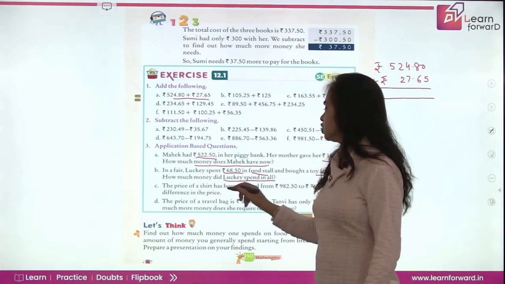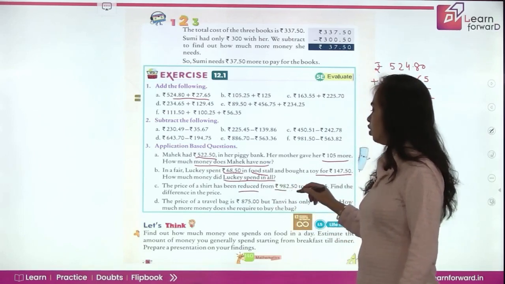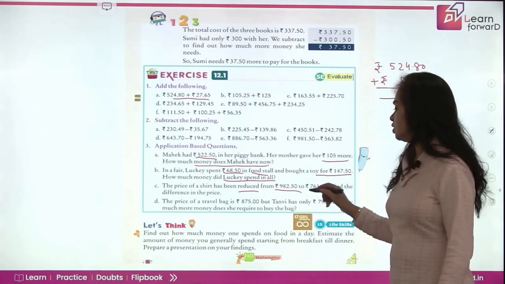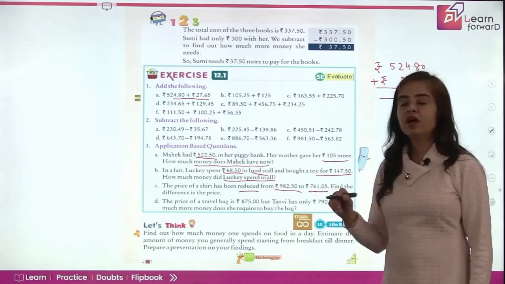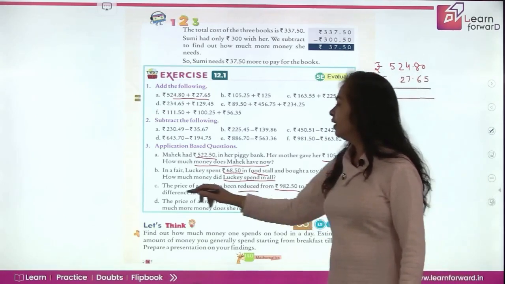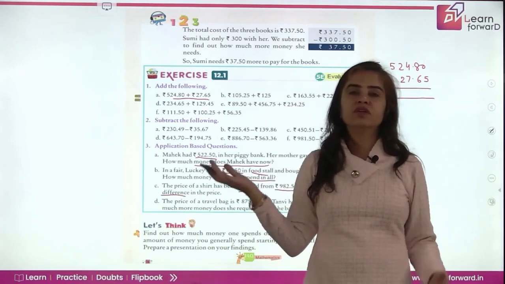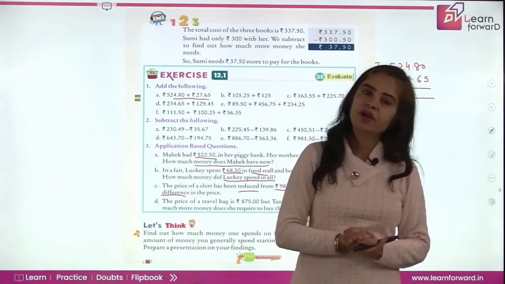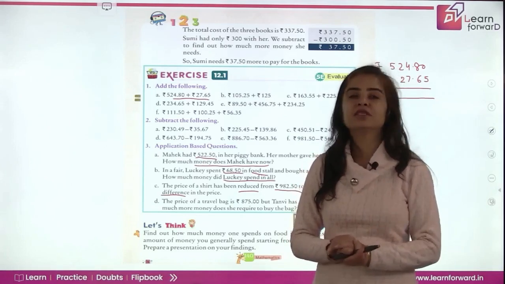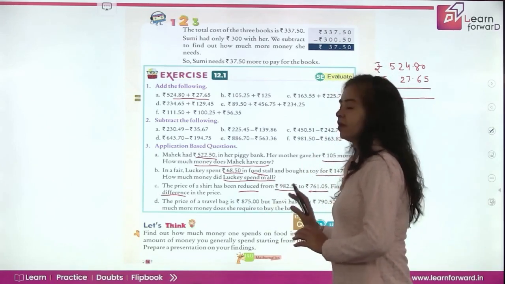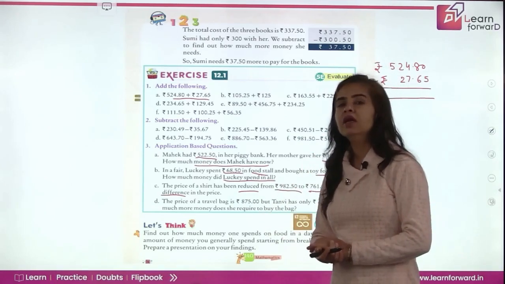The price of a shirt has been reduced from rupees 982.50 to rupees 761.05. Find the difference in price. They are just saying find out the difference clearly. What is difference? How do you find it out? By subtracting. Yes. So you'll be subtracting these two values here.